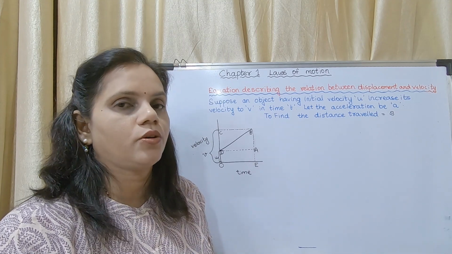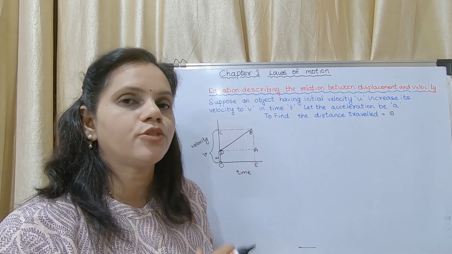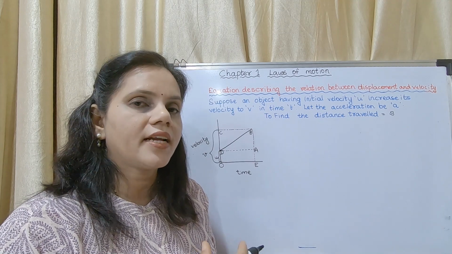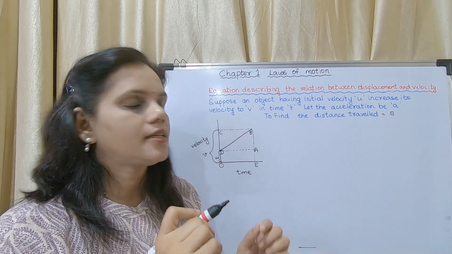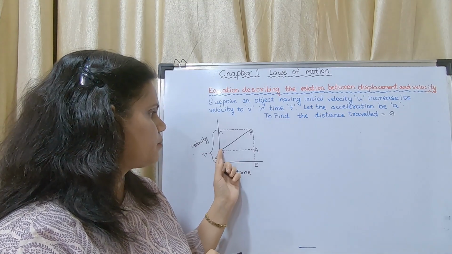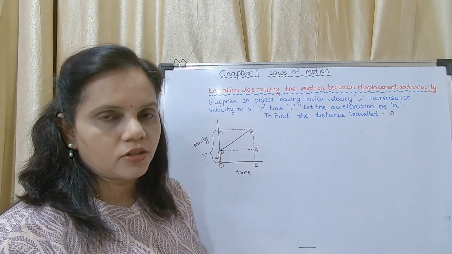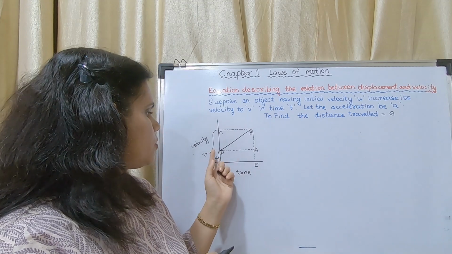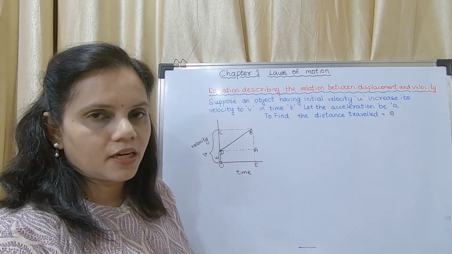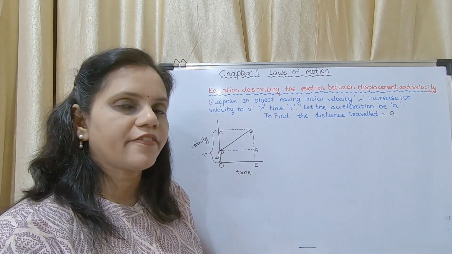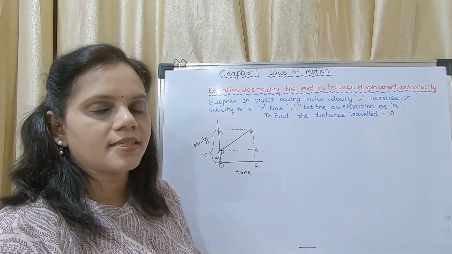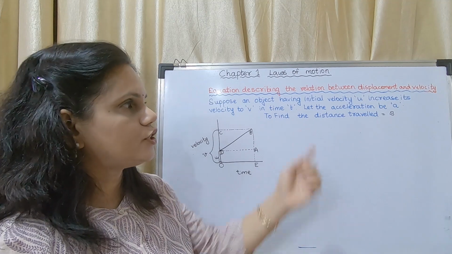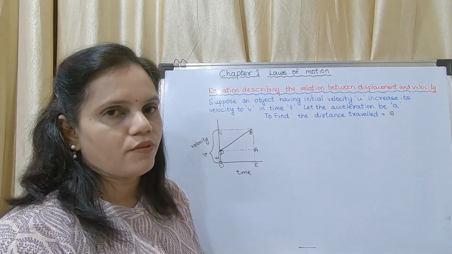Every vehicle starts from 0, but we are calculating from a particular point to a particular point, that time to that time. So there is an initial velocity u and it reaches a final velocity v. Now we are going to find the distance traveled, to find a relation between displacement and velocity.